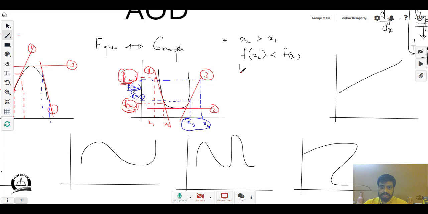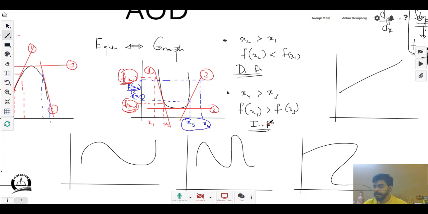This means the equation is a decreasing function. Take a look at the other case now. Let's say now we know x4 is greater than x3. Then f of x4 is greater than f of x3. Then it is an increasing function. Quite simple, right?